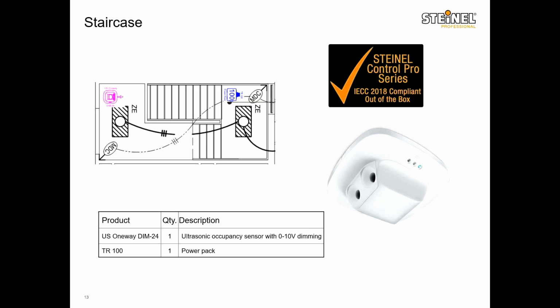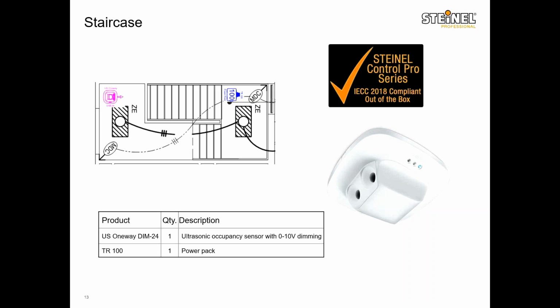And why DIM-24? The reason for that is with our new firmware version, you can set the sensor to dim the lights to a lower setting once it stops detecting any occupancy. So you would always have a minimum of, let's say, 20% light in your staircase. So your staircase is always lit.